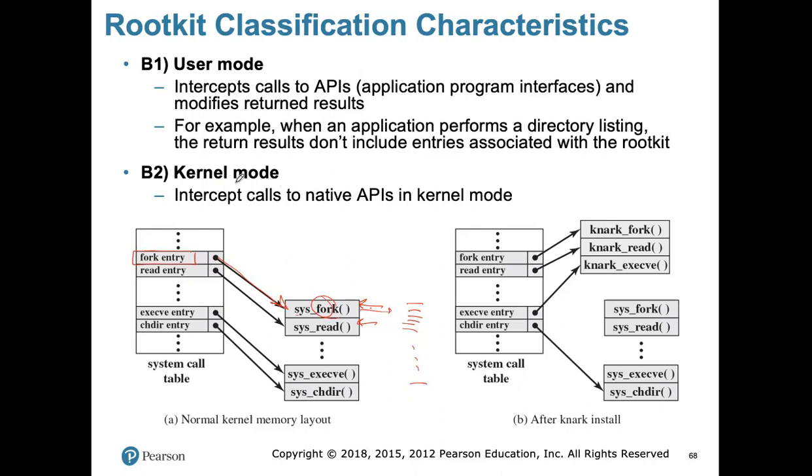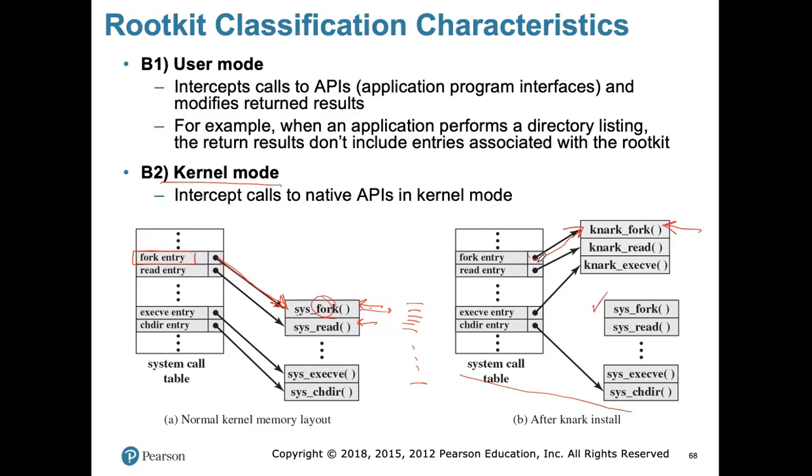In the kernel mode rootkit, the hacker found a way to override these functions. When the user calls this function or this API, this is the hacked version. Now it jumps to a different subroutine, which is a hacked or tampered subroutine. This is the original one.